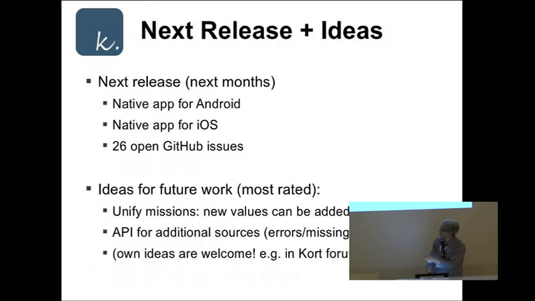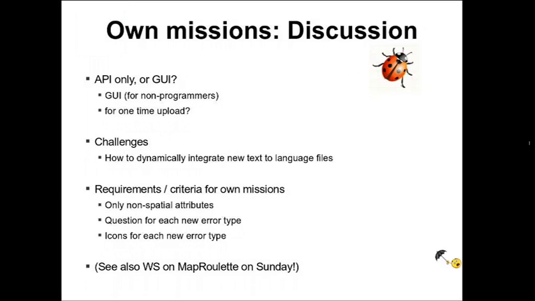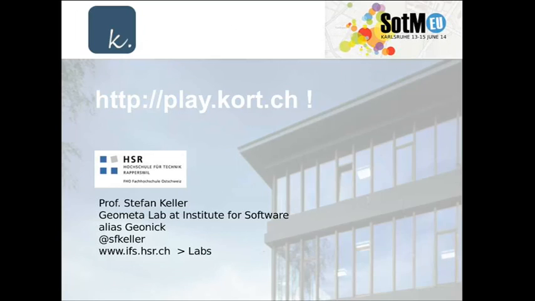It needs a separate question, and we need several icons in several sizes for each new error type. And how MapRules managed to do this, you can see on Sunday in another presentation.